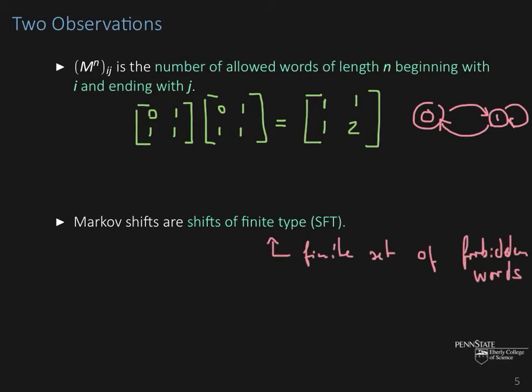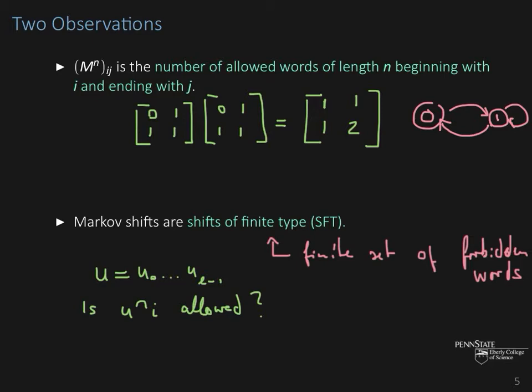So suppose you have a word u that is allowed, u_0 up to u_{L-1}, of length L. So it's an allowed word. And now you want to ask, is u extended by i allowed? Right.